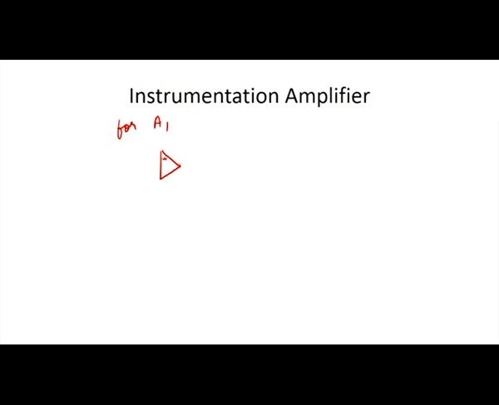The signal is given to the positive terminal, which is V1. This is actually A1, the upper comparator, and this is the feedback signal.